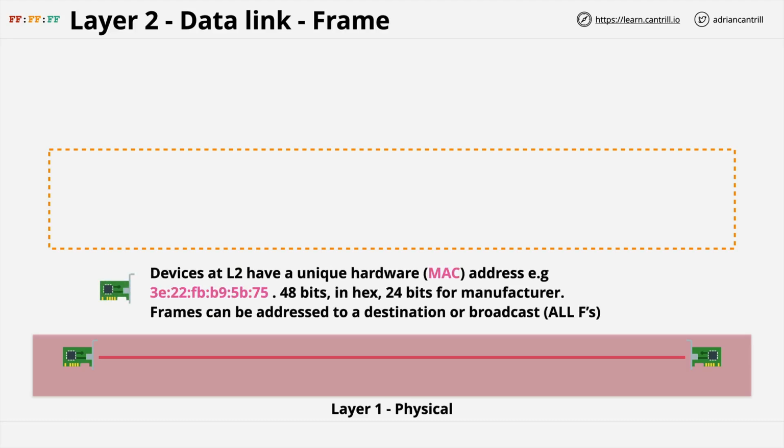This hardware address is a hexadecimal address, it's 48 bits long, and it looks like this, so 3E:22:FB and so on. The important thing to understand is that a MAC address, generally for physical networking, is not software assigned. The address is uniquely attached to a specific piece of hardware.